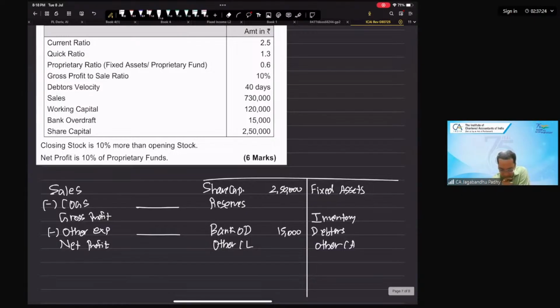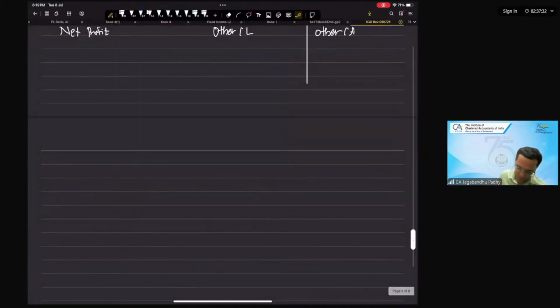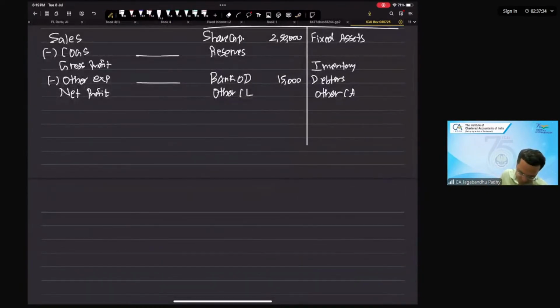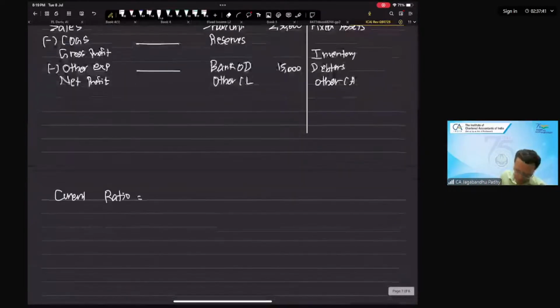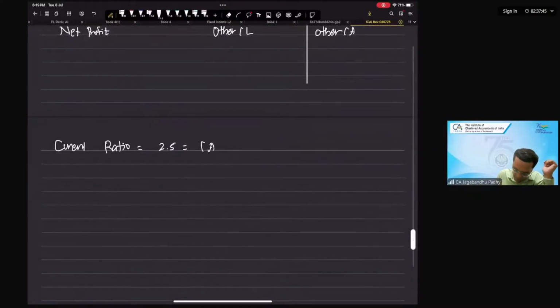Now let's try to look at these numbers. Current ratio is 2.5. Working capital is 1,20,000. This 2.5 is current asset upon current liability.